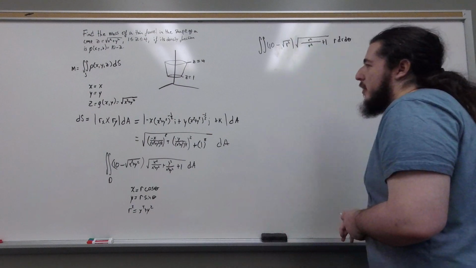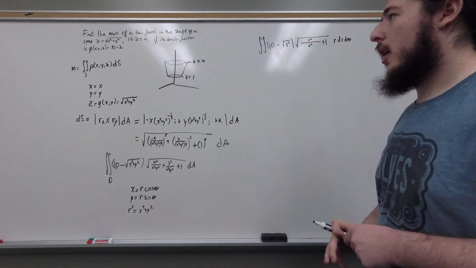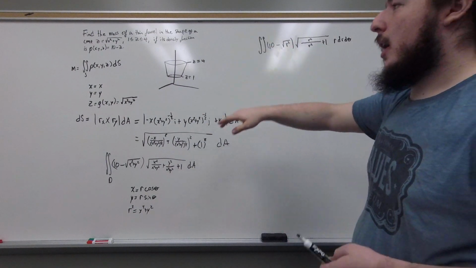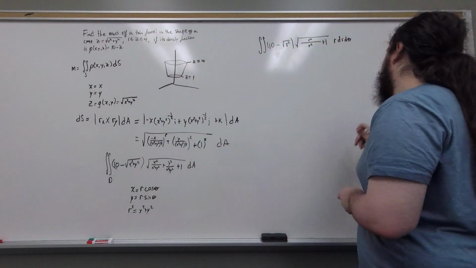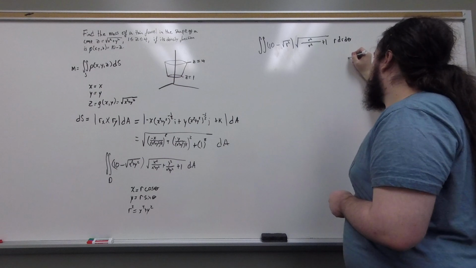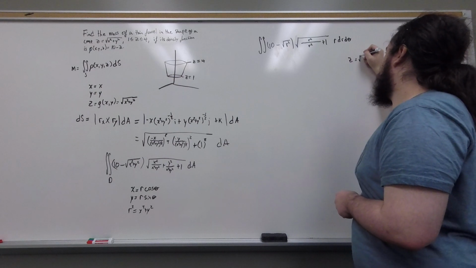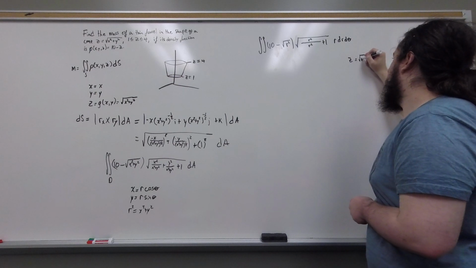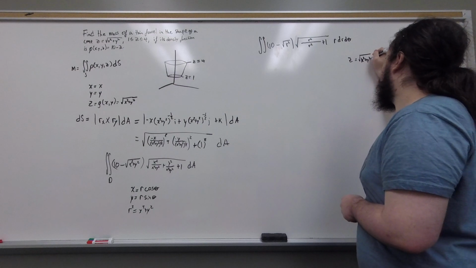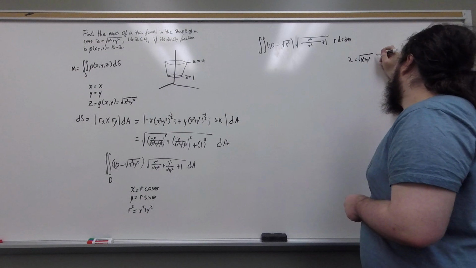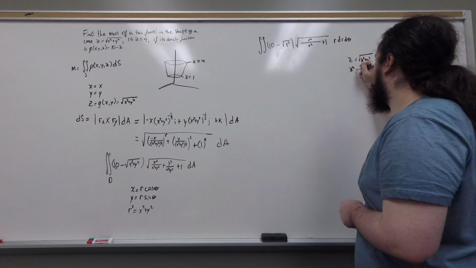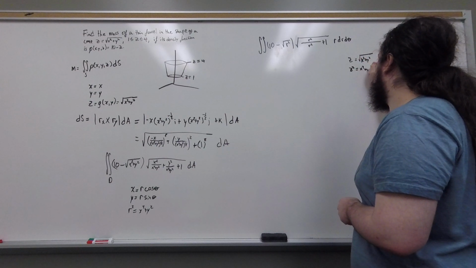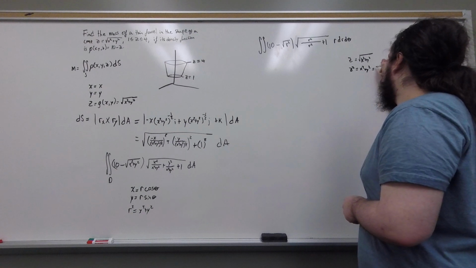We need bounds for our integral. If z is equal to the square root of x squared plus y squared, we can say that z squared is equal to x squared plus y squared, which is equal to r squared.